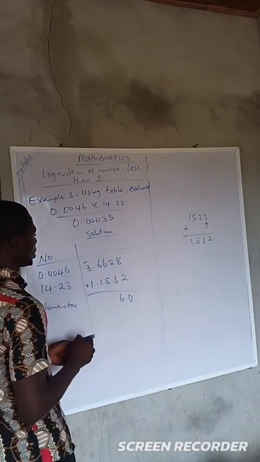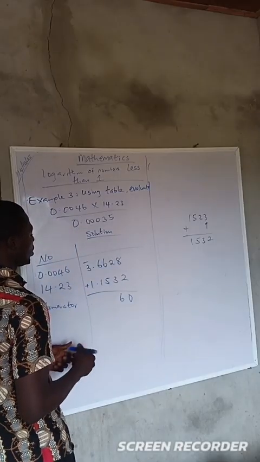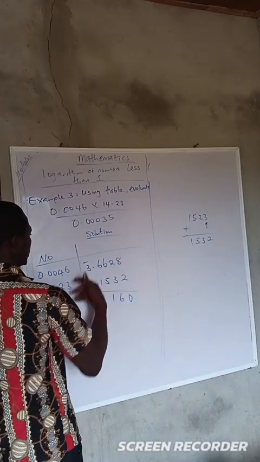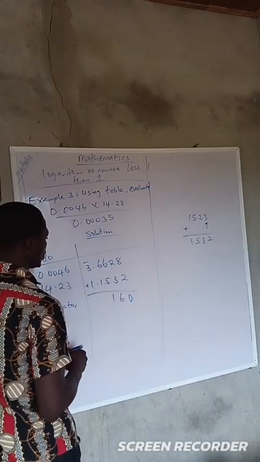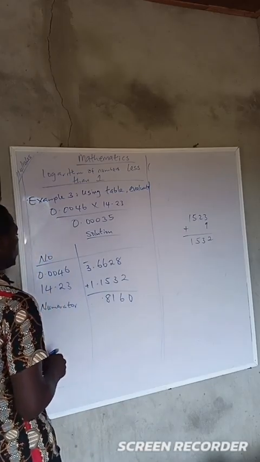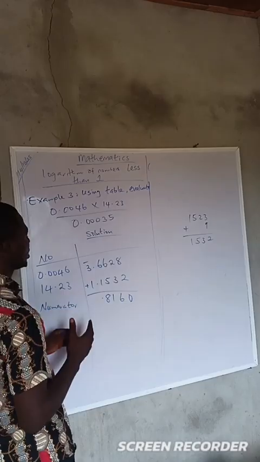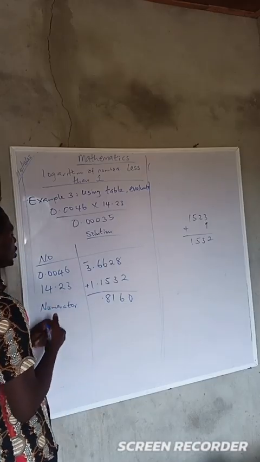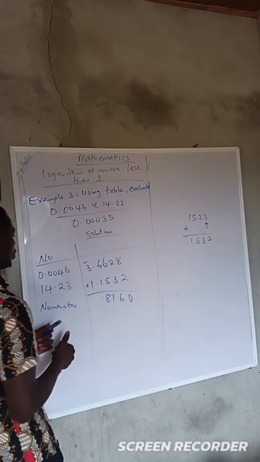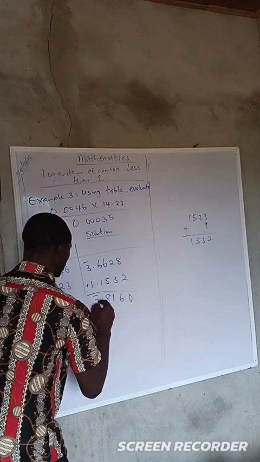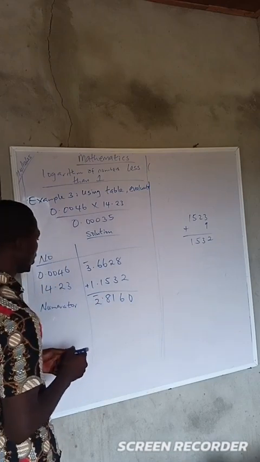Then 6 plus 5, that's going to give us 11, you write 1, carry 1. 1 plus 6, that is 7, plus 1, you have 8. Point. Now bar 3 plus 1 is as if you are saying minus 3 plus 1. And that's going to give us minus 2. And minus 2 in bar notation is the same thing as bar 2. Alright, we're done with the numerator.